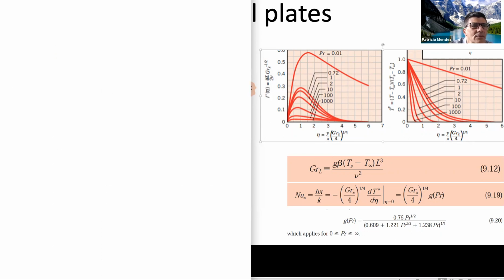Okay, so let's try to make a vertical plate again.